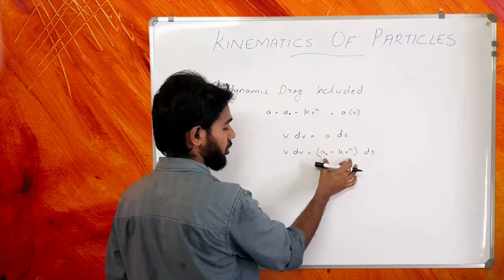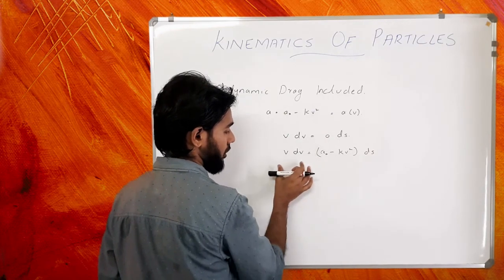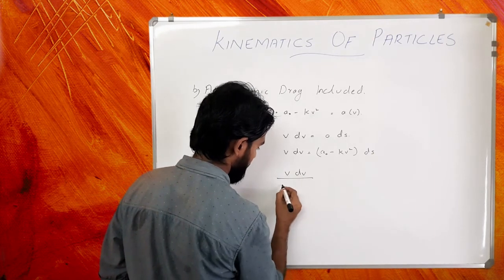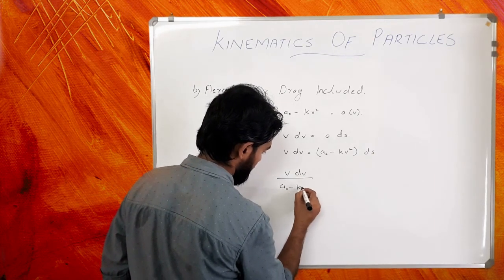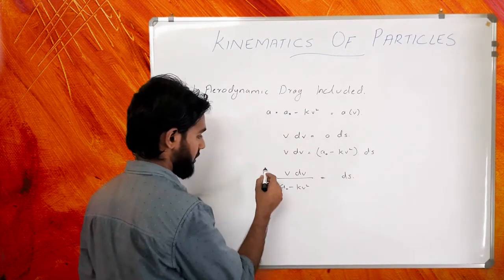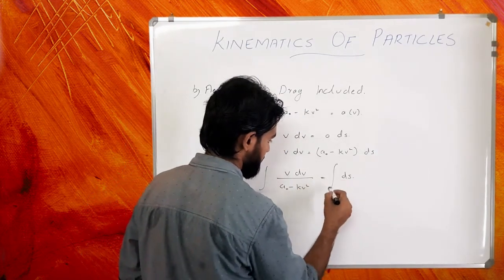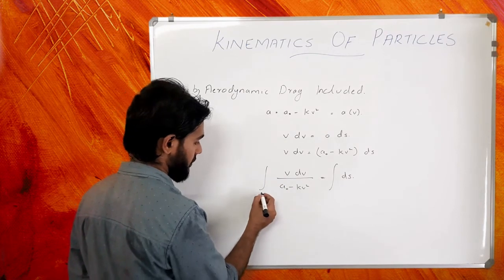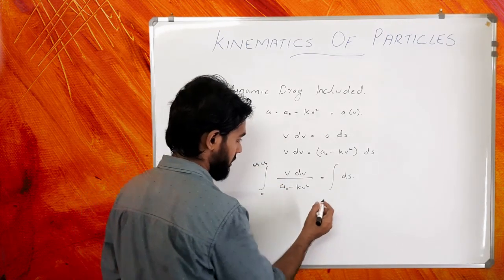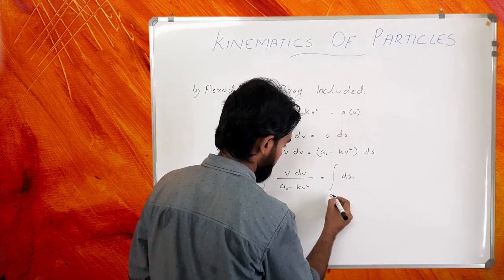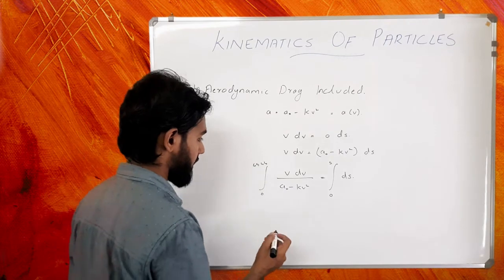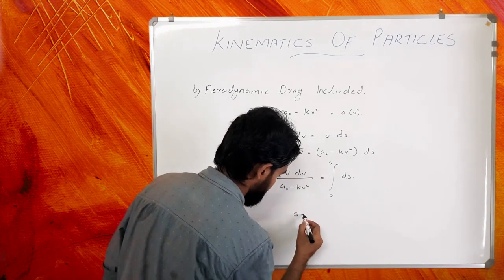Since it is a function of velocity, I bring it down to the denominator. I integrate both sides, velocity from 0 to 69.44, the corresponding position from 0 to s.